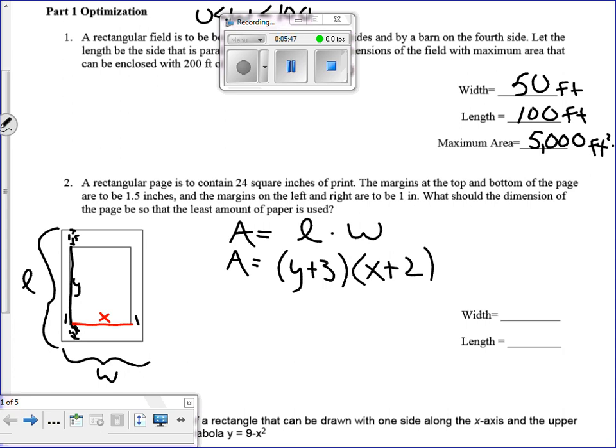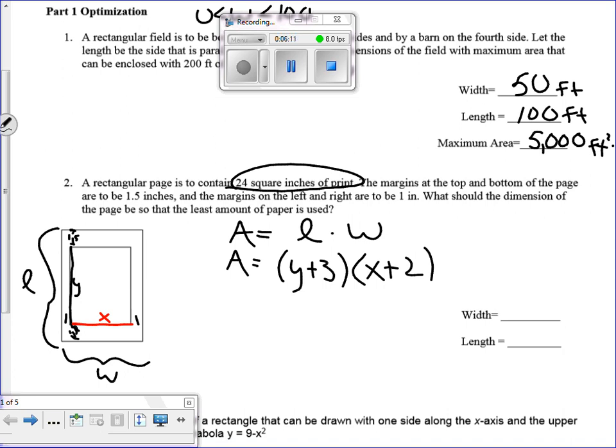Okay, so I've got an equation, but again, it's got to be in one variable. So I need another equation. They had to have given me some other information, so I could write another equation. And that is that the area with the printing, that's what's inside here, is 24 square inches.